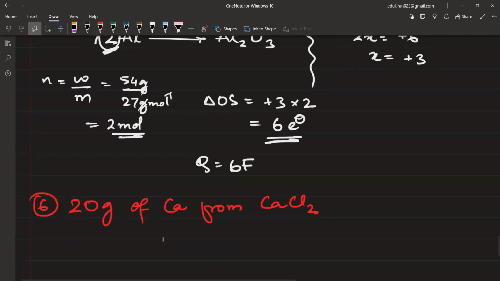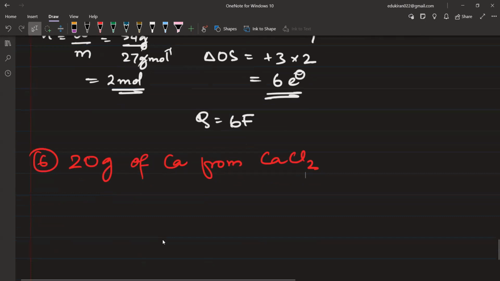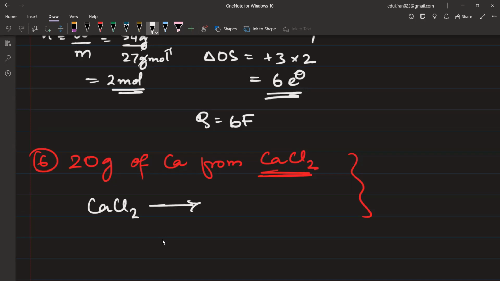So here it is just the opposite. You have to calculate the oxidation state. This is your reactant here. Okay, this is your product. You have to go from CaCl2 to calcium. How much of calcium? What is the number of moles? You will calculate from here. Try it, it will get done.